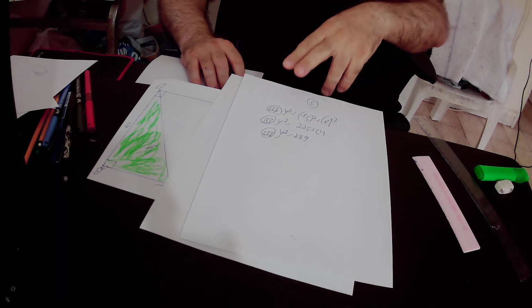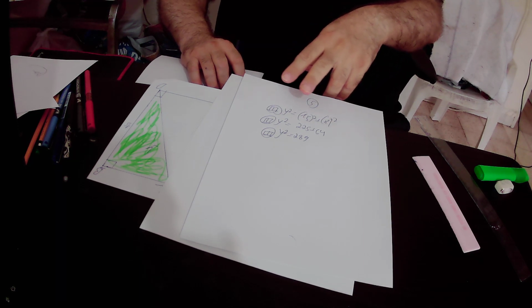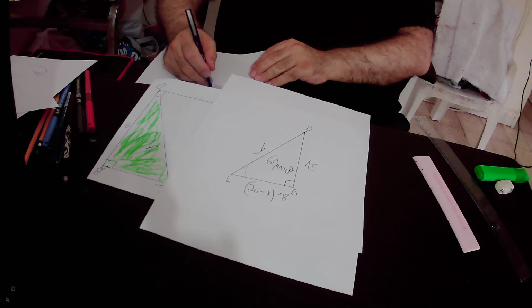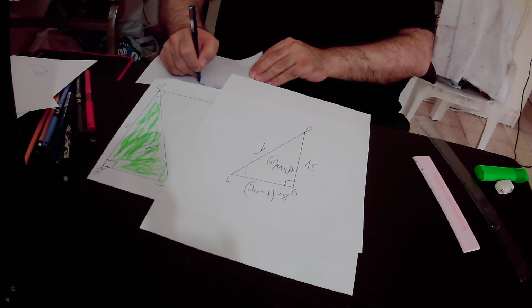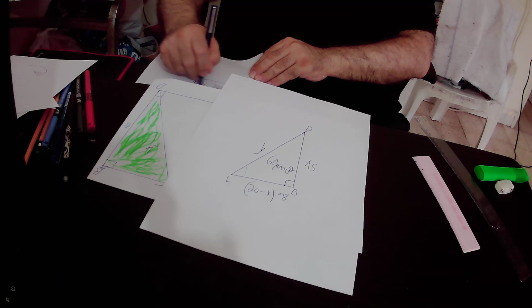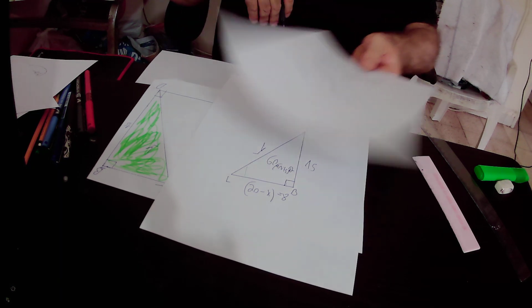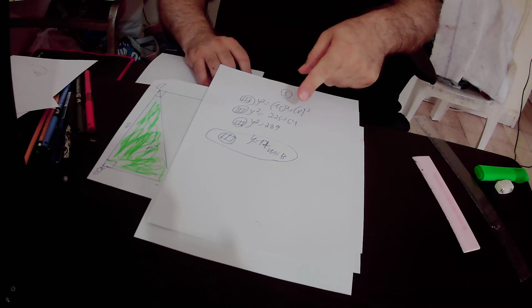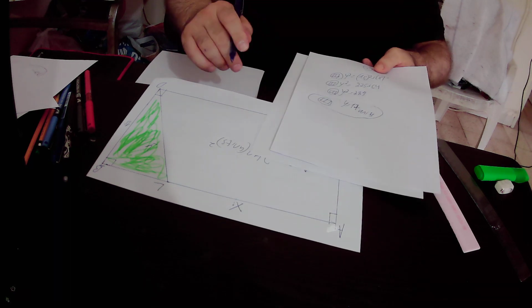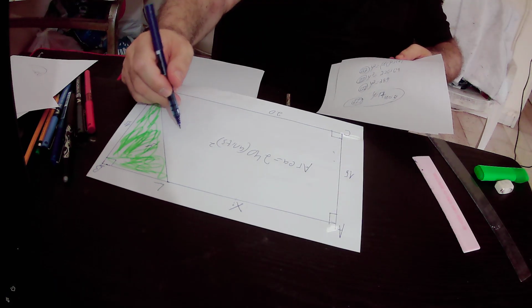Now we will take the root of equation number 3. The root of 289 is 17. So y equals 17 units.